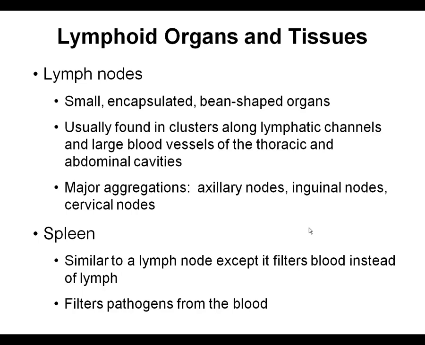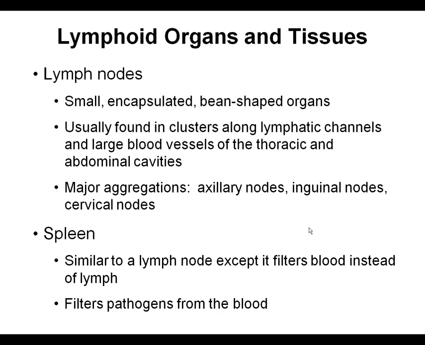These are found particularly in the thoracic and abdominal cavities, where you have those larger blood vessels. You have some major aggregation points of these lymph nodes, particularly the axillary nodes, which are under the arm. You're going to have the inguinal nodes, which are where the hip meets the pelvis, and then the cervical nodes, which are the ones at the neck.